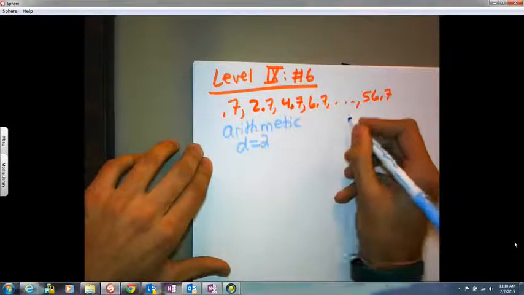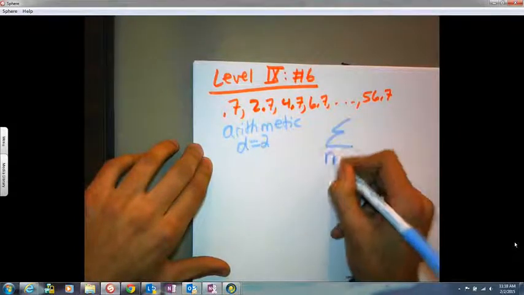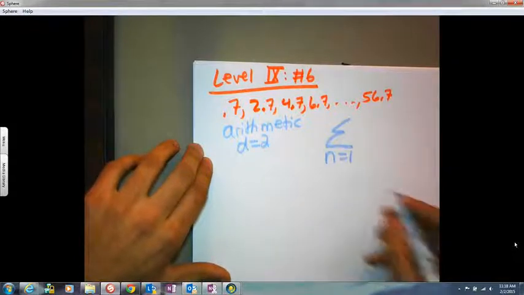Sigma. We need to find what goes here, the general form.